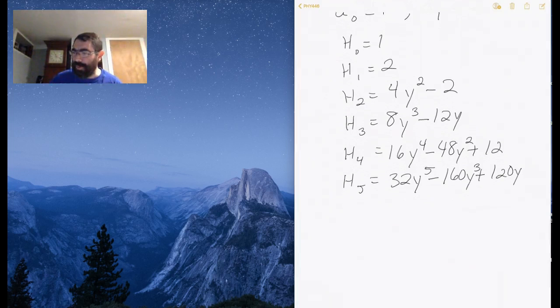So these polynomials are known as the Hermite polynomials, because they were worked out by Mr. Hermite back in, I believe, the 18th or 19th century.